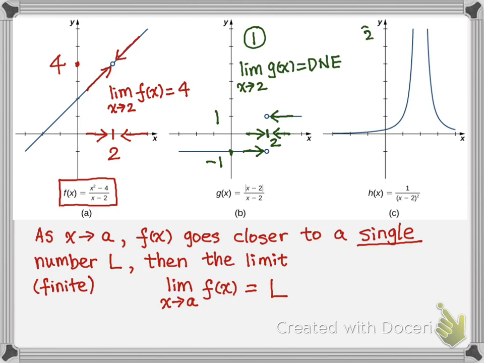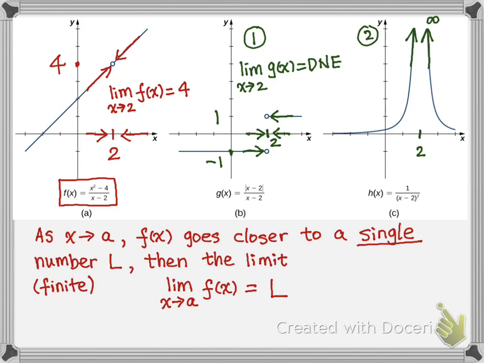And the second situation when the limit fails to exist, again, you look at the number 2 here. As x approaches 2 from the left side, the function is increasing to infinity. And as x approaches the number 2 from the right side, the function is also going up to infinity.